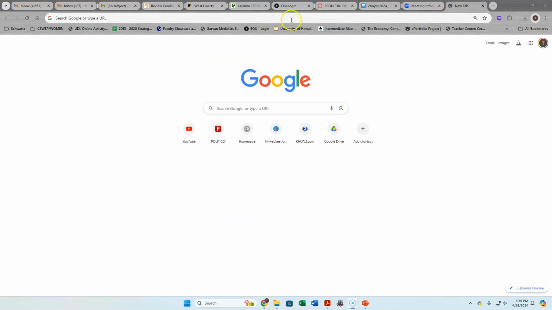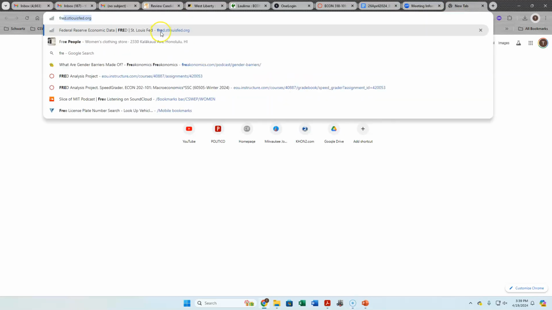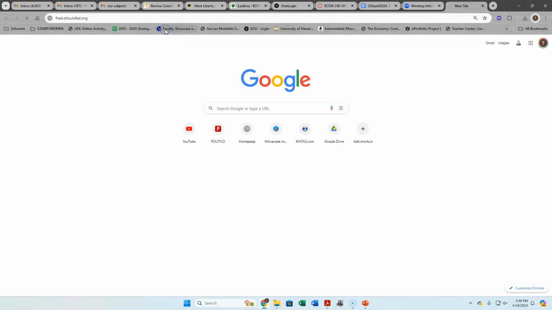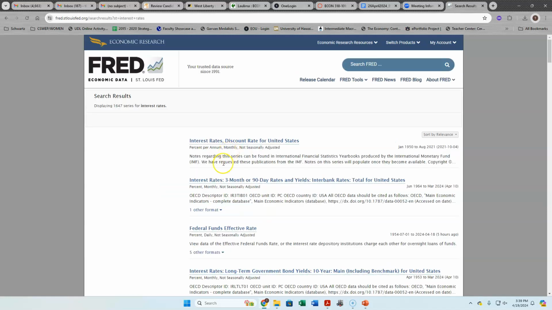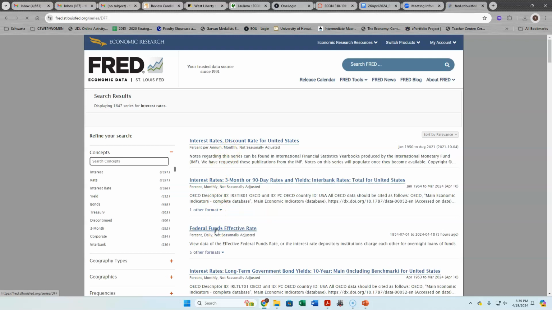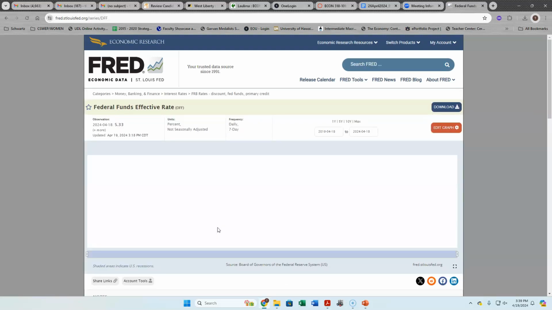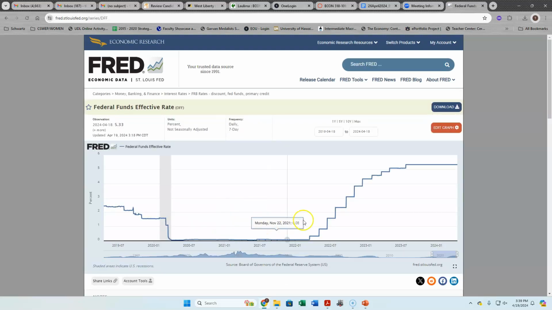Okay, so what we see here for FRED, let's just look at the federal funds rate, which is the interest rate essentially that we see typically when we talk about the Federal Reserve doing what it does.